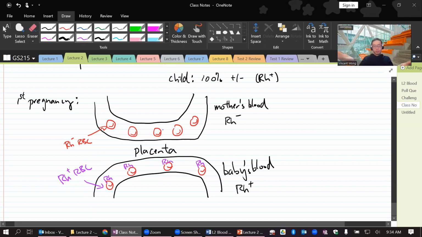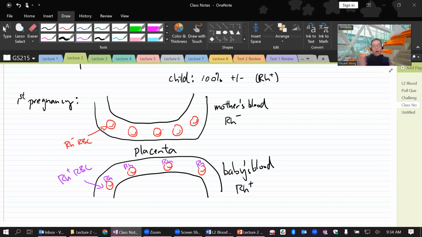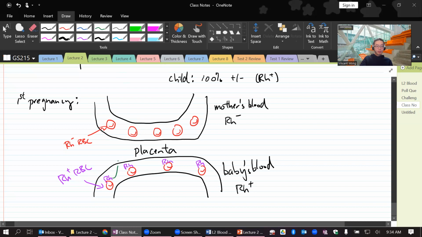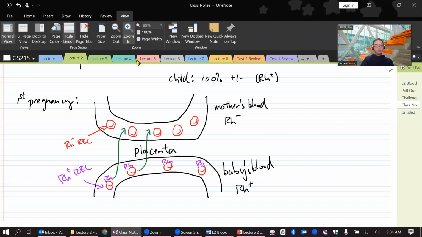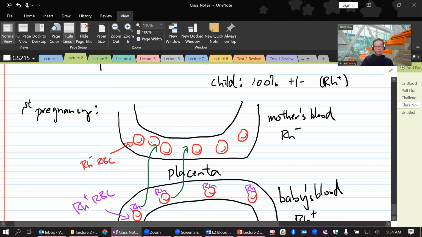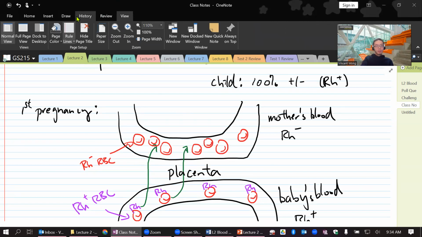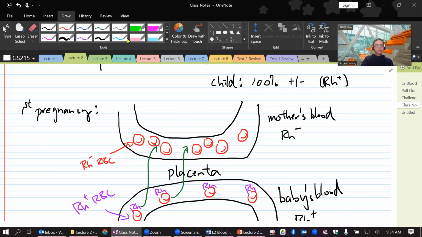My point is this: some complication occurs, and then the baby's blood goes into the mother's bloodstream. The complication causes the placenta to be damaged. So now what happens? Well, the baby's blood cell is in the mother's system now.